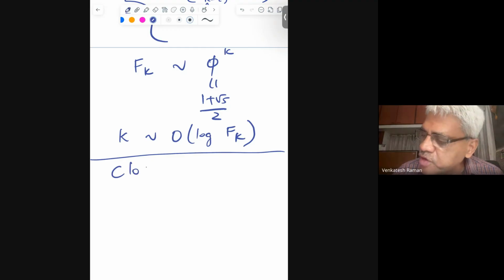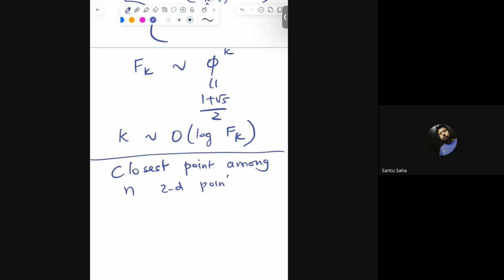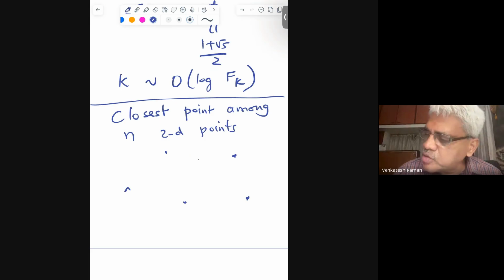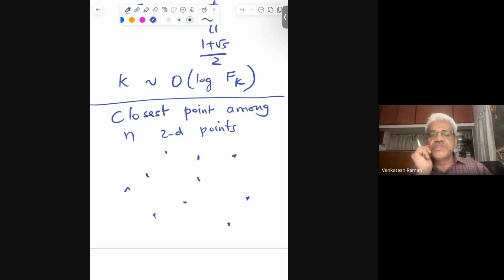Okay. So, for example, take the closest point among some n 2D points. I have given you some n 2D points like this. That's your input. And the question asks for the pair that has the smallest distance.